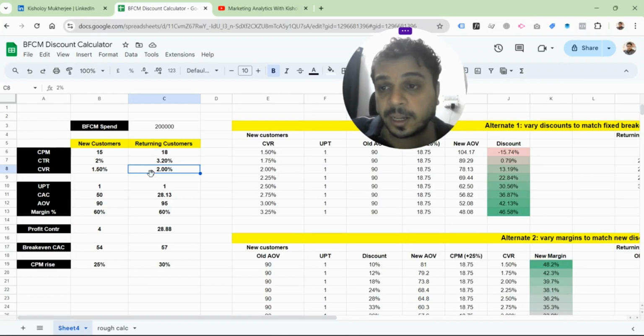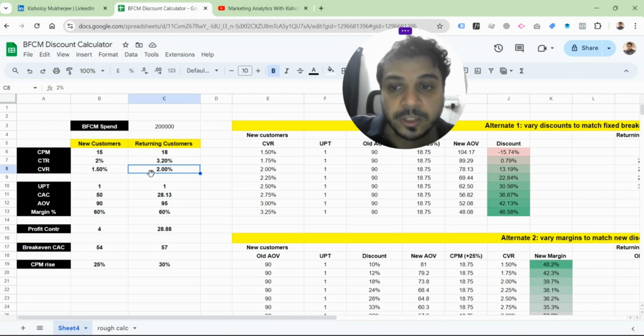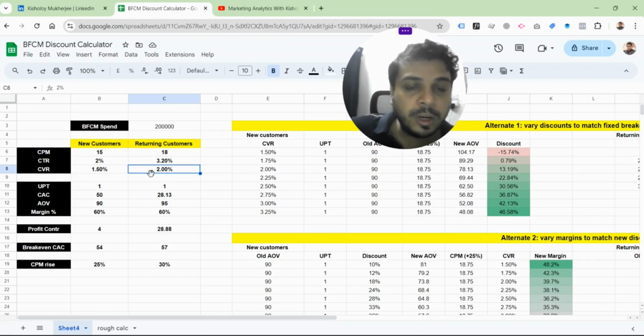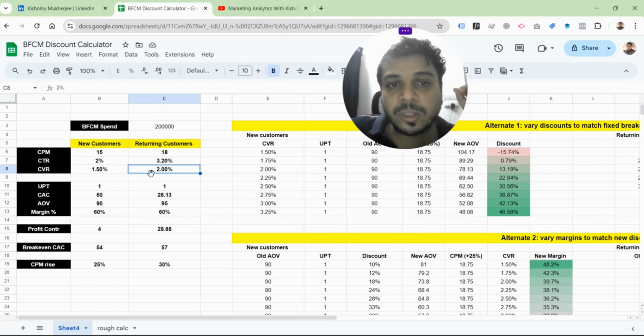Because they have already been customers previously, so they're more likely to convert at a higher percentage. And the CTR is also higher, but the CPM is also going to be higher. That's because it's a much tighter, smaller, narrower audience, and therefore platforms like Facebook are going to charge you more. It's going to be more expensive to reach out to that same audience again.